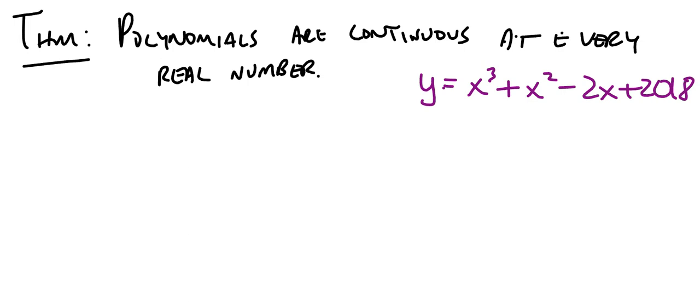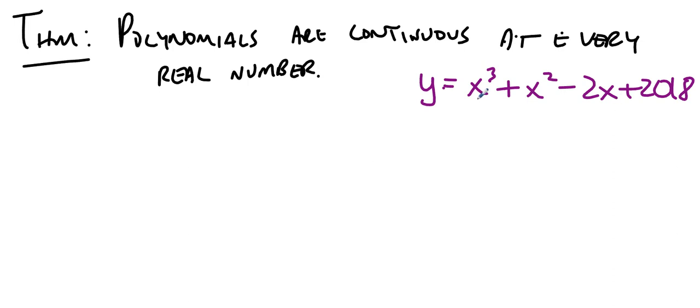So to be continuous, there has to be a function value, and clearly any real number can go in there and you're fine. But then the limits have to exist as you approach any number that you choose. And we know that the limit of a number is fine, and we know that the limit of x is fine. So then what?